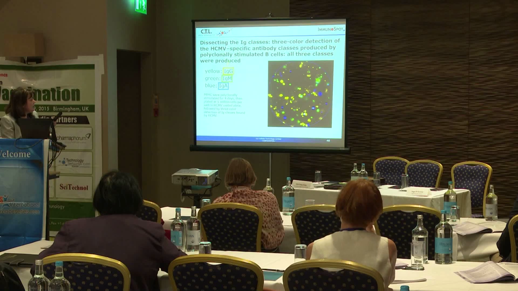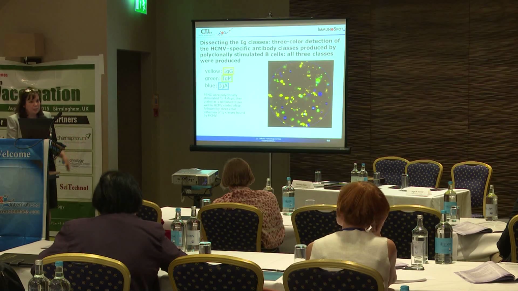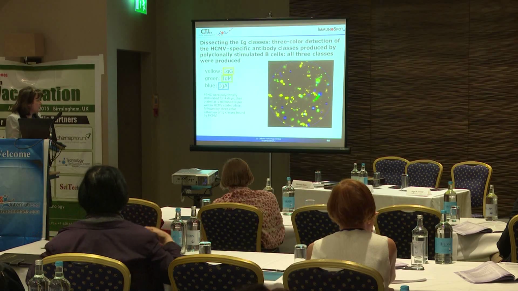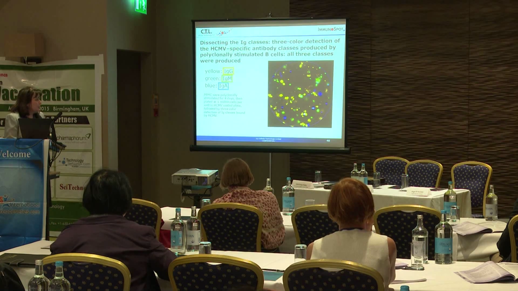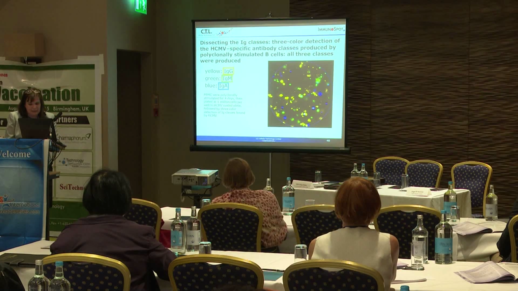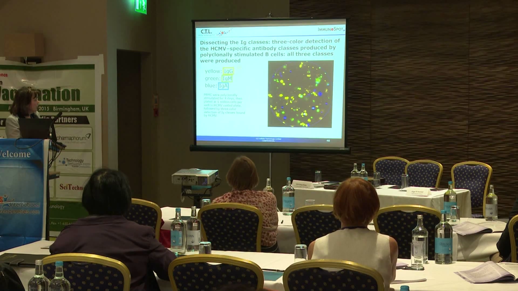And here is an ELISpot platform assay where we looked at antigen-specific, HCMV-specific B cell responses from cryopreserved PBMCs with the different classes of IgG, IgM, and IgA, and you see they are all represented.